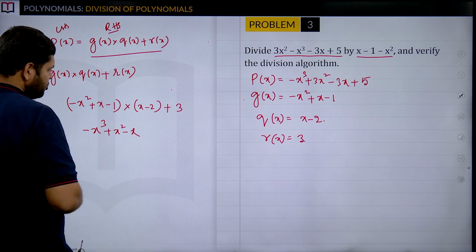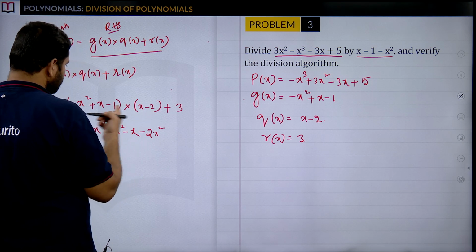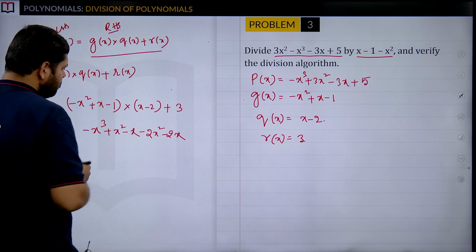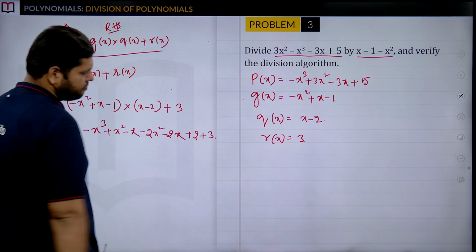Then multiply with minus 2, children. So minus 2 into x square is minus 2x square, minus 2 into x is minus 2x, minus 2 into minus 1 is plus 2. And this is plus 3.